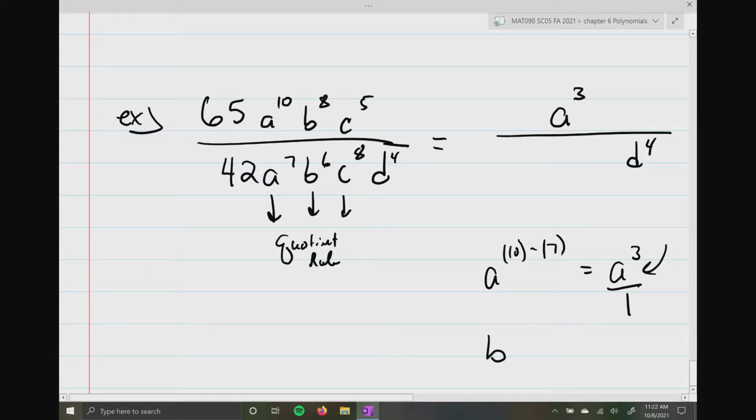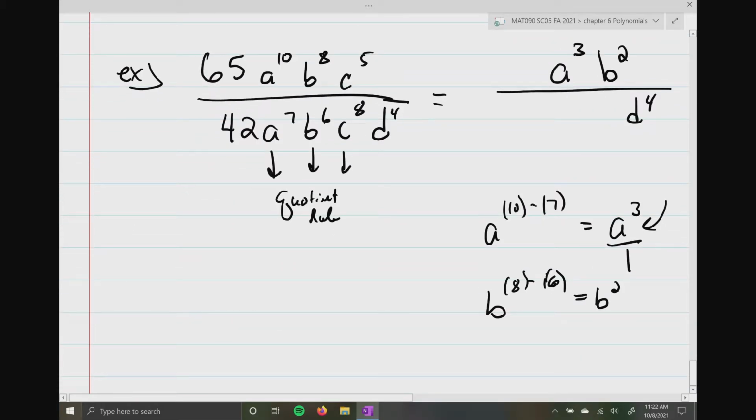So it's going to be b to the 8 minus 6. So that's going to be b to the 2nd. Now we're going to do c. So that's going to be c to the 5 minus 8, which is c to the negative 3. And when I rewrite that as a positive exponent, it will go in the denominator. How are we looking so far, everyone?